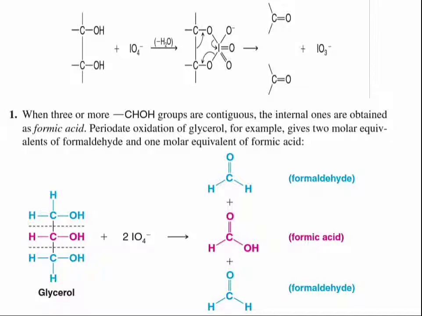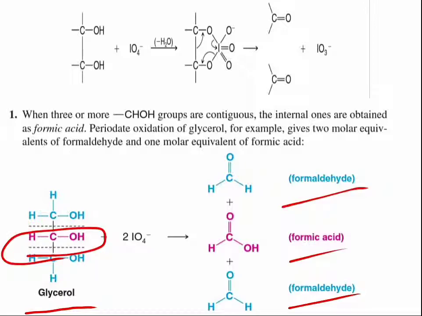Periodate oxidation of glycerol, for example, gives 2 molar equivalents of formaldehyde and 1 molar equivalent of formic acid. So you have taken this glycerol and you are doing the periodate oxidation. This will give 2 moles of formaldehyde and 1 mole of formic acid. This middle carbon will form the formic acid.